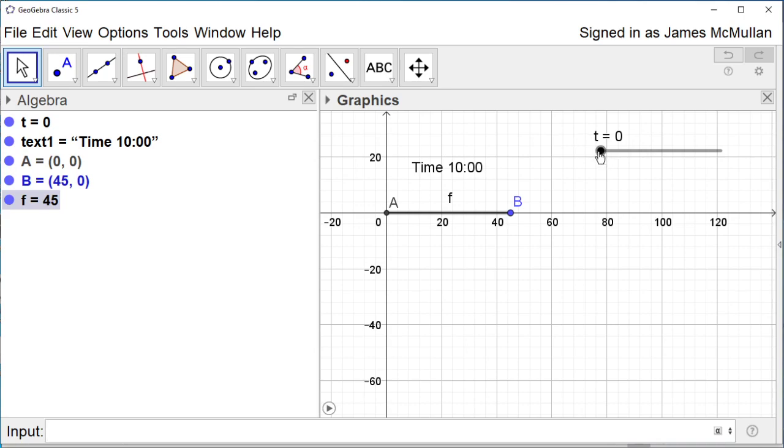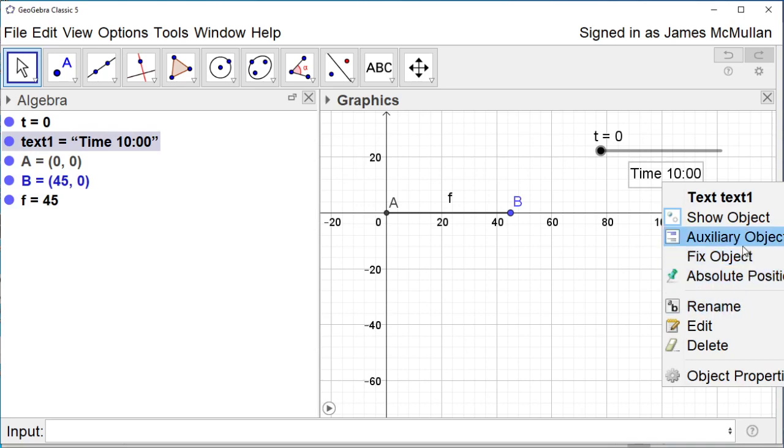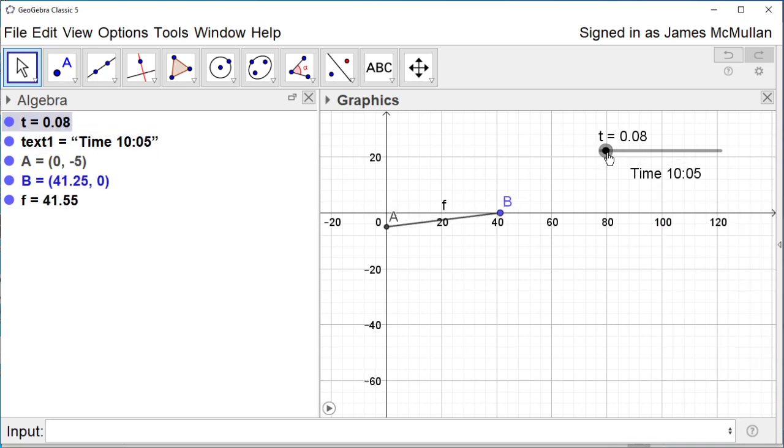So at 10 o'clock, right, the distance is 45 kilometers. At 10:10, the distance is only 38 kilometers. But you also know the distance at an hour is going to be 60.